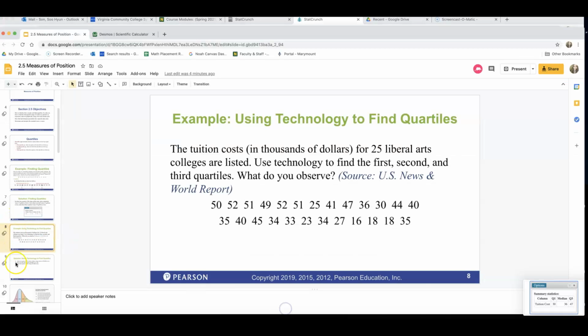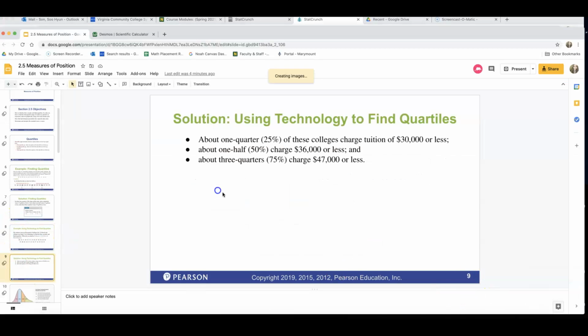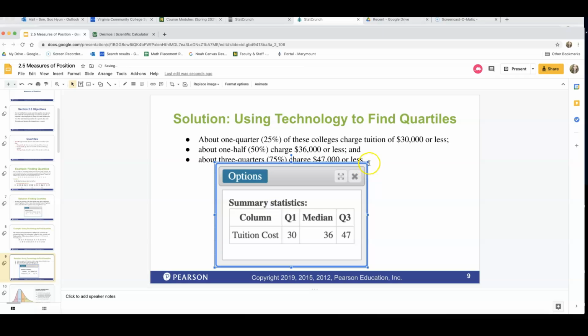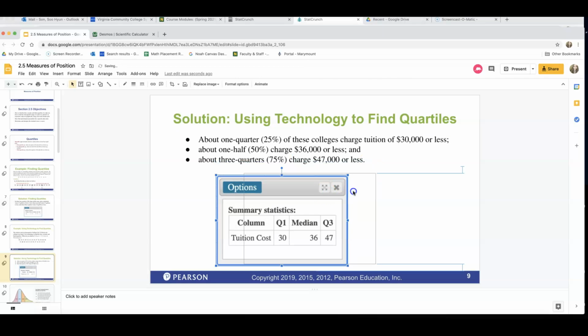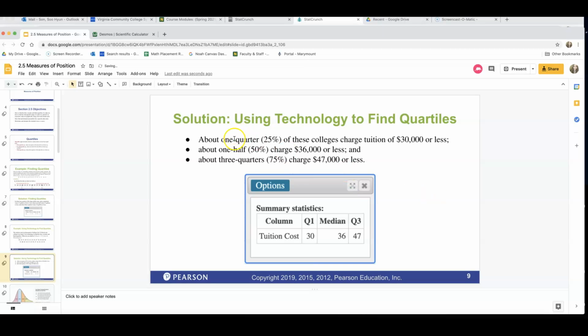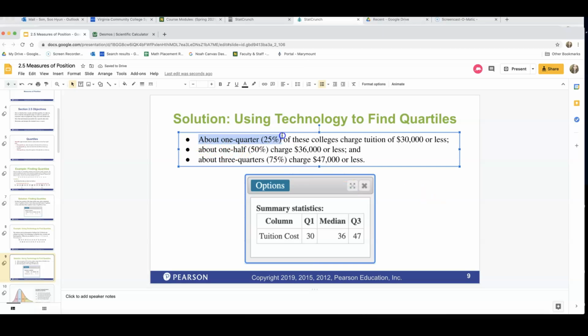I took a picture of it and I will go ahead and paste it over here and we can read these interpretations, okay? So you know what quartiles are, 25% mark. So what we can say is about 1/4, 25% of these colleges charge tuition $30,000 or less, because Q1 was $30,000. Next, about half, 50%, and 50% is 2/4, right?